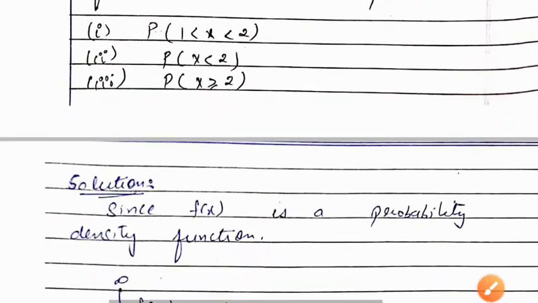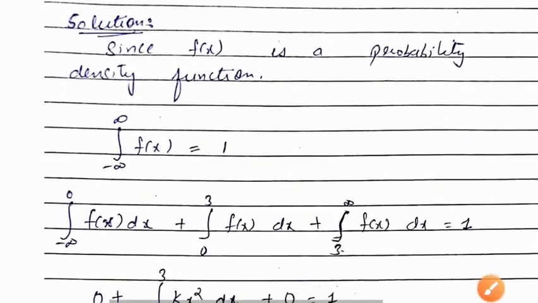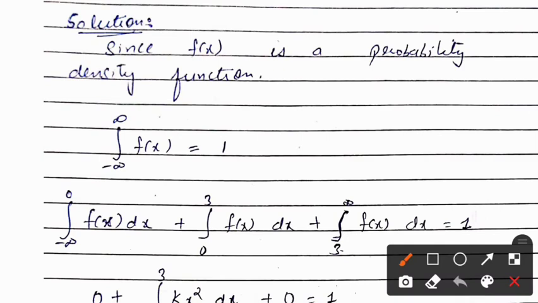Okay, what you have to do is, you have to find the value of k, and you are given that f(x) is a probability density function.